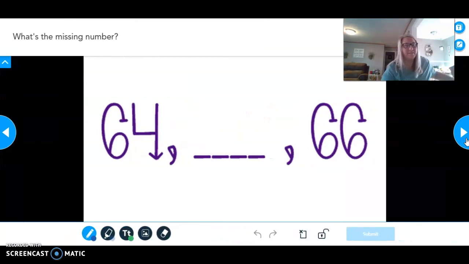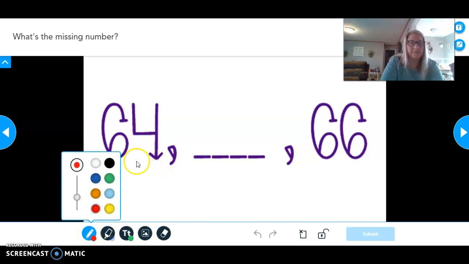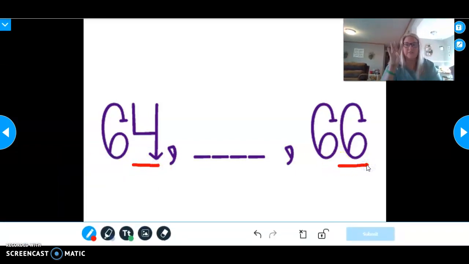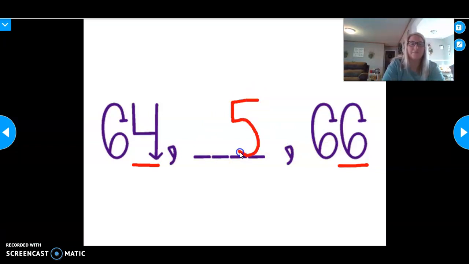Okay, what's the missing number here? This one is just in order. So 64, blank, 66. If you look at this ones place, we see 4, blank, 6. So the number that would be missing is the 5.